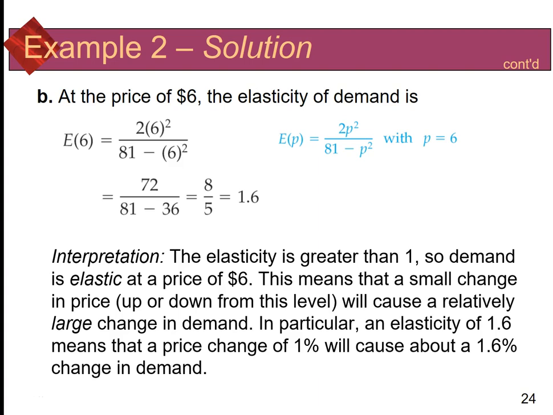Sometimes prices are changed to go from a circumstance where demand is inelastic to elastic, to maximize the revenue. That's how decisions are made, whether I should lower a price or raise a price.